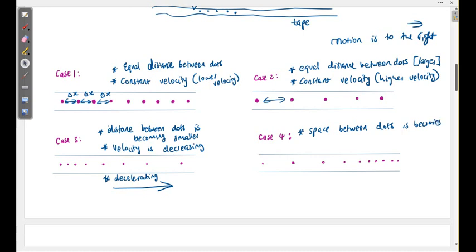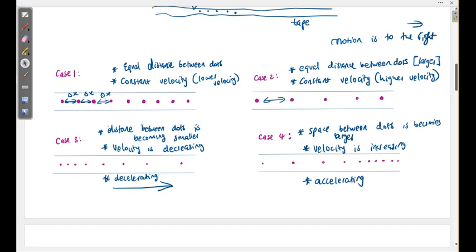If it's becoming larger, what does that tell us about velocity? It's moving from low velocity to high, it's increasing. Perfect. So the velocity of that trolley is increasing, and as the velocity is increasing, the object was accelerating.